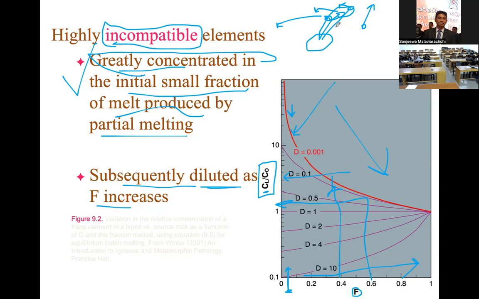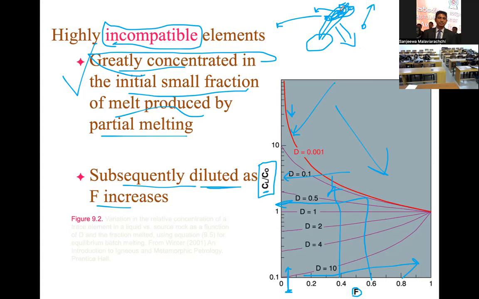But if you take it after forming a batch, then you will be taking out a kind of diluted amount of incompatible element, because everything becomes average inside here.